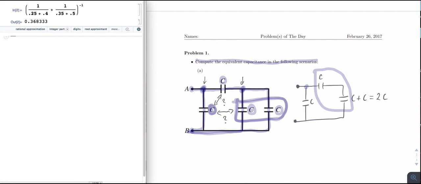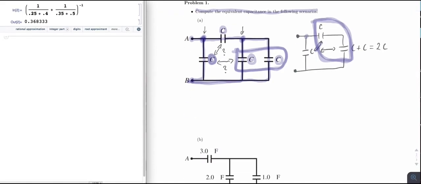I'm still not sure about these two capacitors, and I'm still not sure what these are. They could be parallel, right? This one could be series. This one looks like parallel, but then this one's in the way. So I'm a little confused there, right? But no doubt these last two are in series. So if those last two are in series, collapse them.